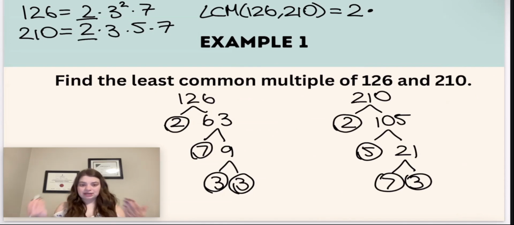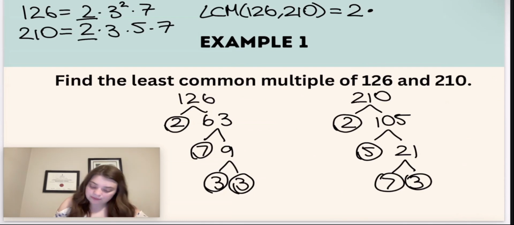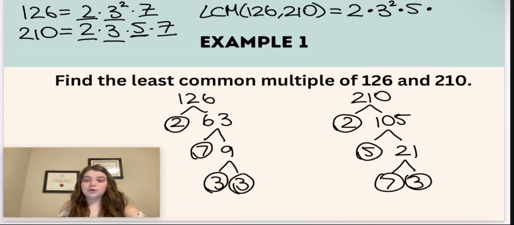We only put it one time. 3 is also in both, and the highest multiplicity is 2, so I'm going to put 3 squared. 5 is just in one of them, so I'm still going to put 5 as well. And then 7 is in both of them, but even though it's in both, I will just put it once. So the LCM of these is 2 times 3 squared times 5 times 7.